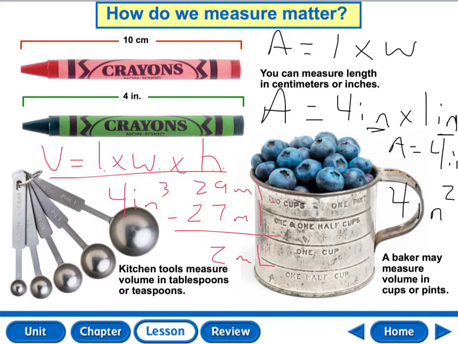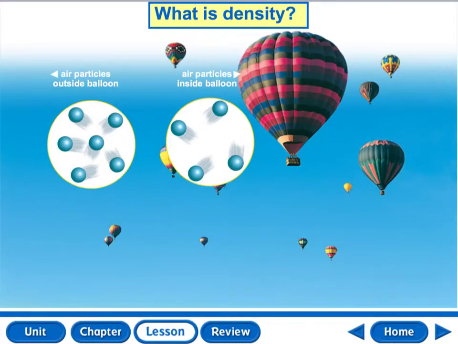Now let's talk about density. What is density? Density helps you find out about buoyancy. We'll get there shortly. So imagine a plastic ball will float on water. You fill that ball with sand, and it's going to sink. Why? The volume of the ball is the same.